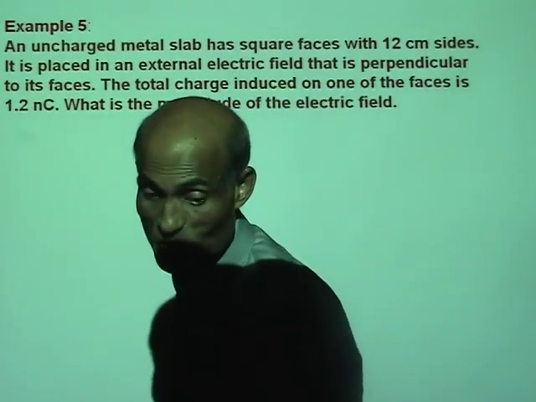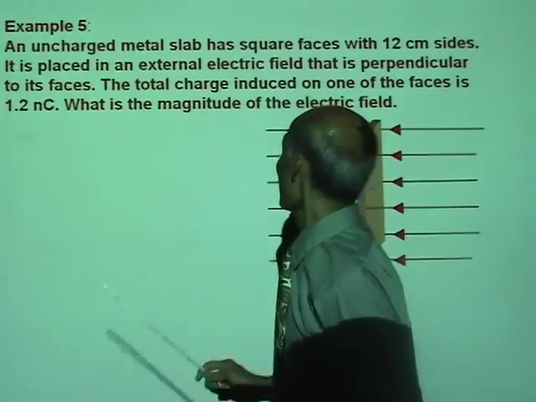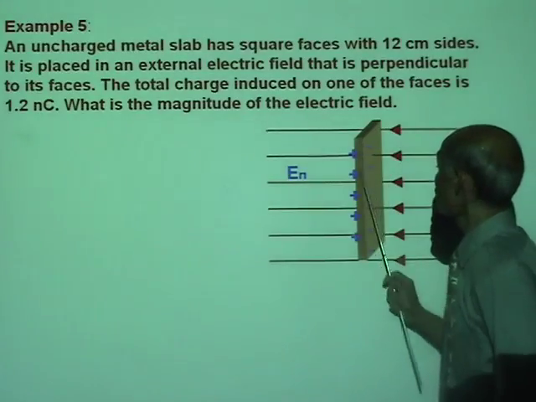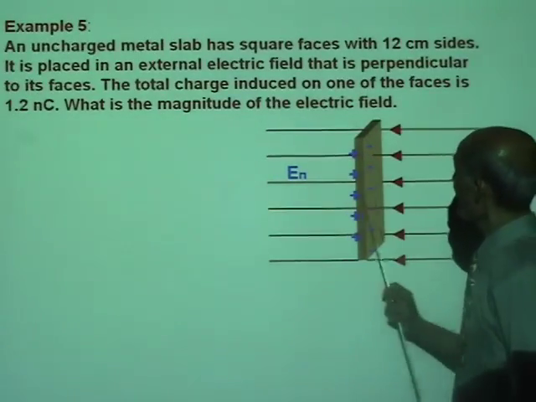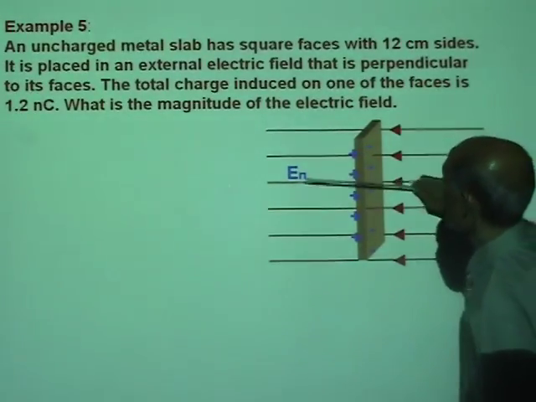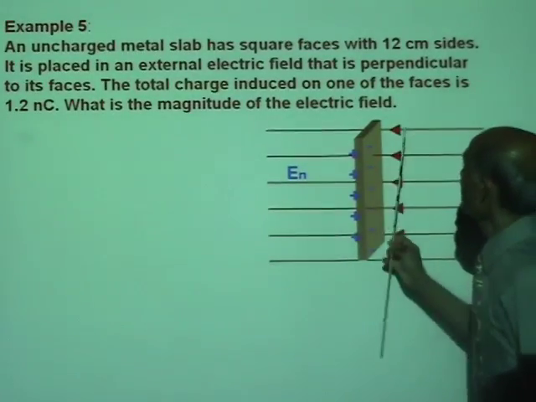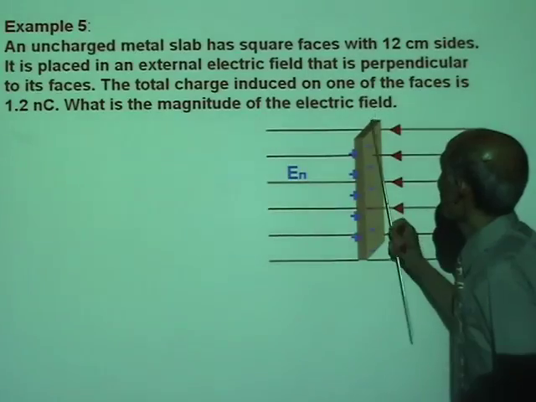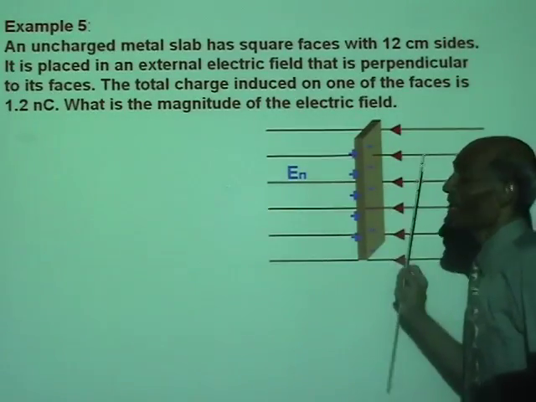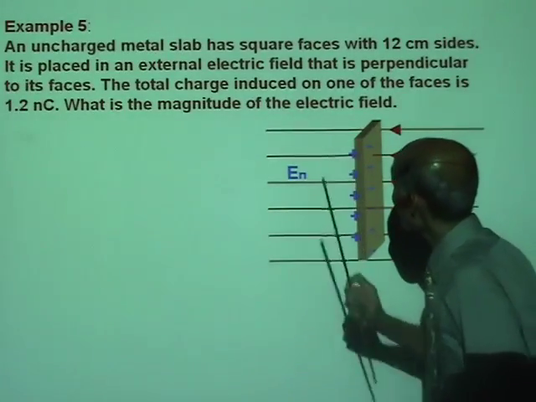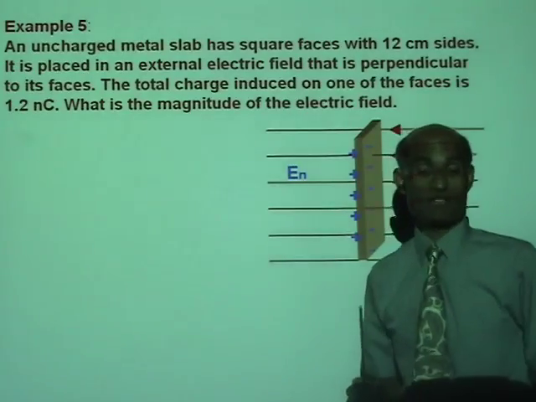Well, that is actually a very simple question if you figure it out. Now, here is the slab, as the electric field is in that direction, say positive x direction. This face of the slab gets induced negative charge, and the other face gets induced positive charge.